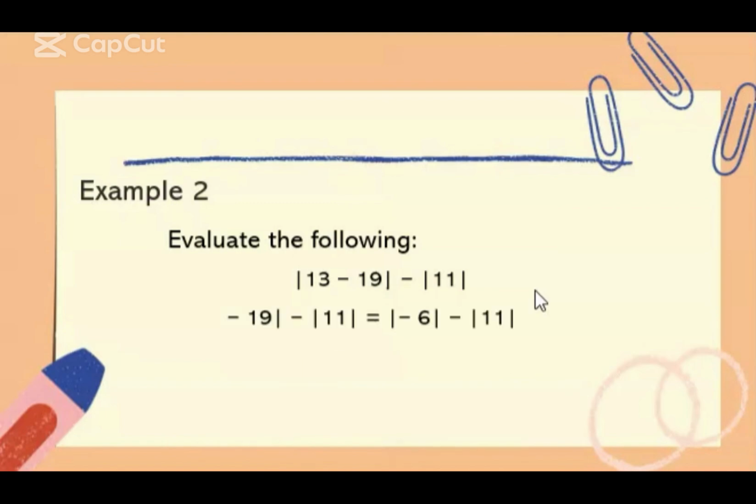Absolute value of negative 6 minus absolute value of 11. So, we have 6 minus 11. Since the absolute value of negative 6 and negative 11 is 6 and 11. And now, we have 6 minus 11. So, what will be our answer? Okay, that's right. We have negative 5.